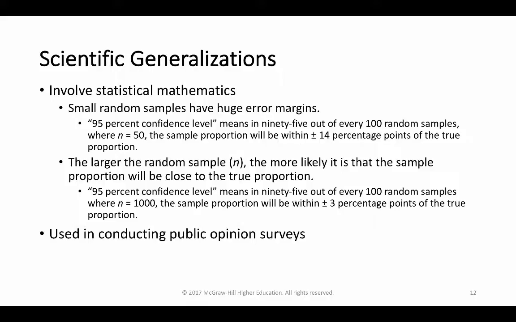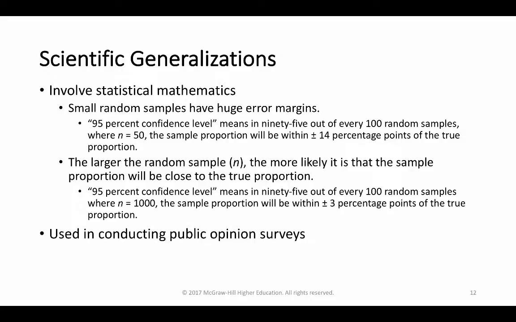So, 95% confidence level means in 95 out of every 100 random samples, where the number of things sampled equals 50, the sample proportion will be within plus or minus 14 percentage points of the true proportion. Plus or minus 14 percentage points means that there's a 28% chance that the conclusion isn't accurate or representative of the population at large. That's a big margin of error.